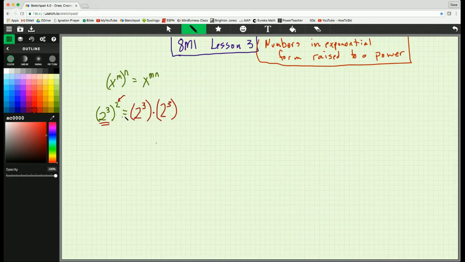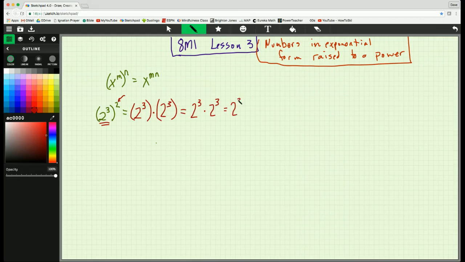So we're breaking this thing down. Let's go one more time. If I have 2 to the third power times 2 to the third power, I don't need those parentheses anymore. I can just remove them. Again, we learned back in lesson 1 that if we take a number to a certain power and multiply it by that number to another power, we just add those powers.